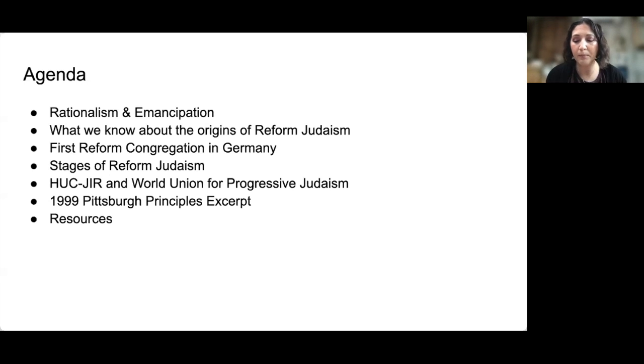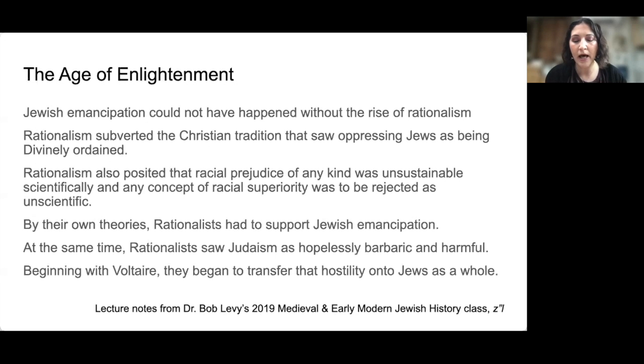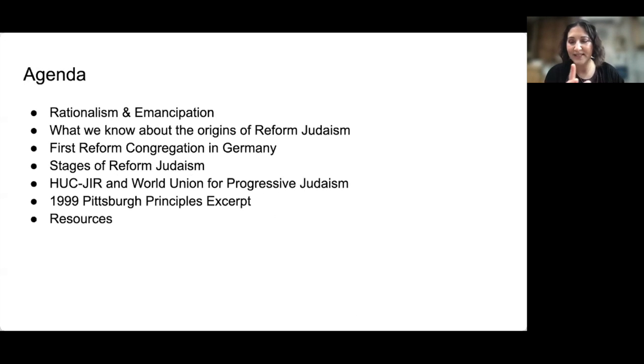So the first thing before we start reading: before we get to the Age of Enlightenment, you should know that there was a reason that emancipation was needed, particularly for Jews. Most of us are familiar with the medieval period, when they had a feudal system, and there were serfs, and there were nobility, there were knights.